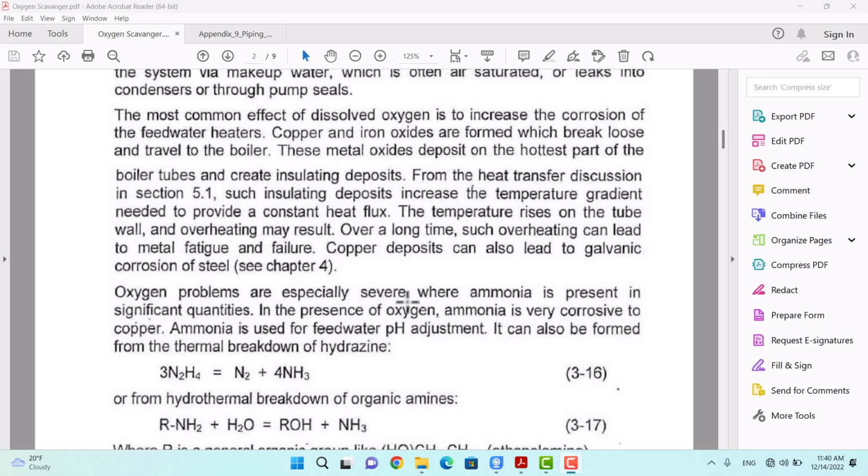On those parts, some insulating layers are produced. As a result of the presence of those insulating layers, some temperature gradients are created, and because of those gradients of temperatures, overheating results. Over a long time, such overheating can lead to metal fatigue and equipment failure.